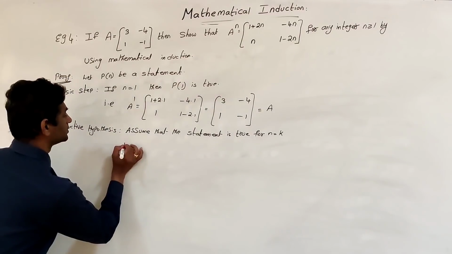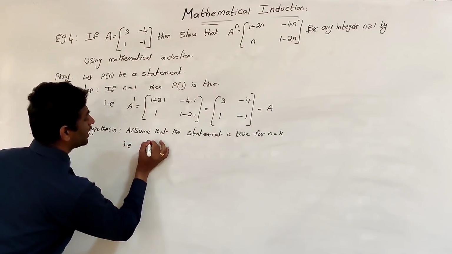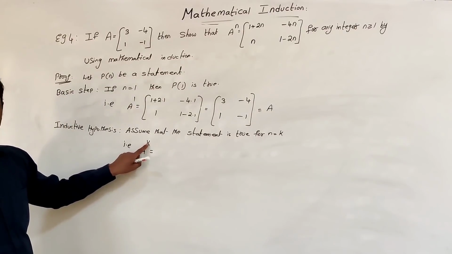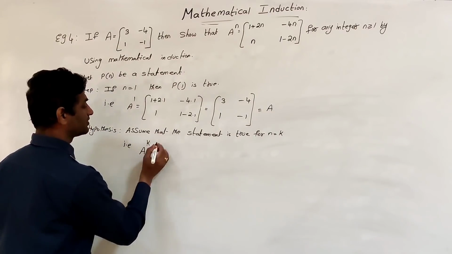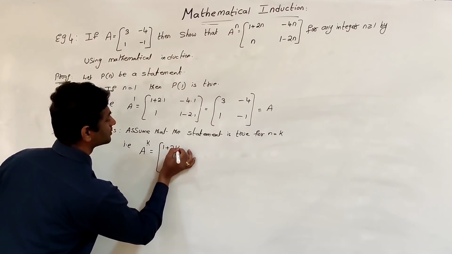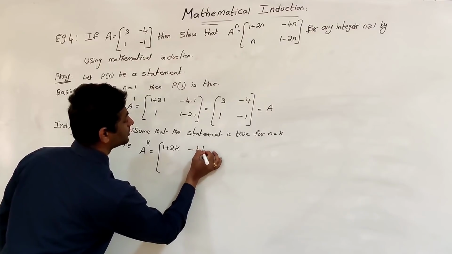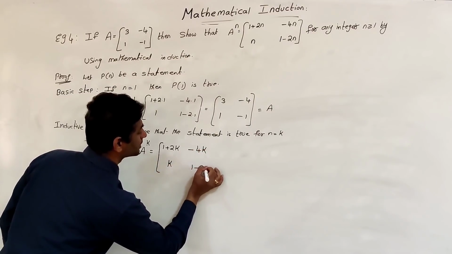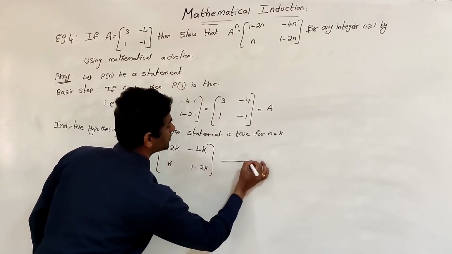That is, A to the power of k is what? In the place of n we have to replace with k. Now what will be the A to the power of k matrix? It will be 1 plus 2k, minus 4k, k, and 1 minus 2k. And this is our equation 1.